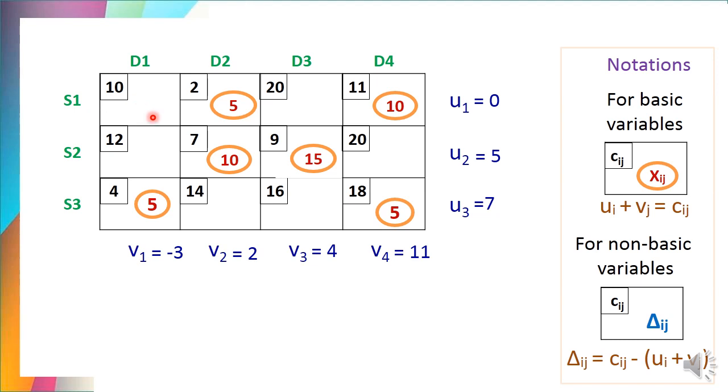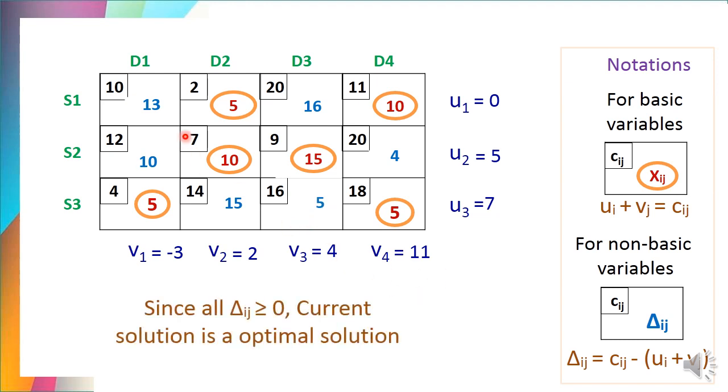It is 10 minus 3, which is 13 here, 16 here, 10 here, 4, 15 and 5. What we can observe is all the delta ij values are greater than or equal to 0. That means the current solution is the optimal solution.